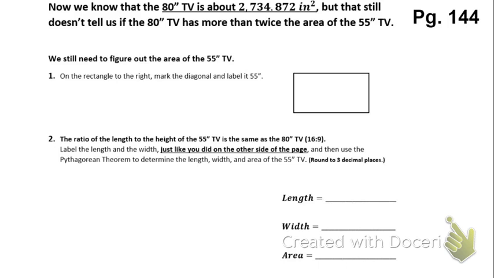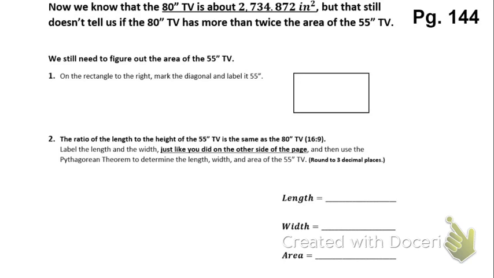What is the aspect ratio of a television? 16 to 9. What does that mean? The height and the width. So all TVs are 16 inches by 9 inches? Sort of. It's the proportions, the ratio of the length and the height.